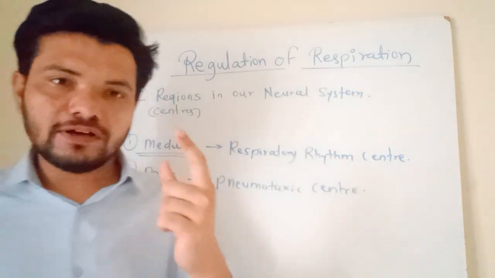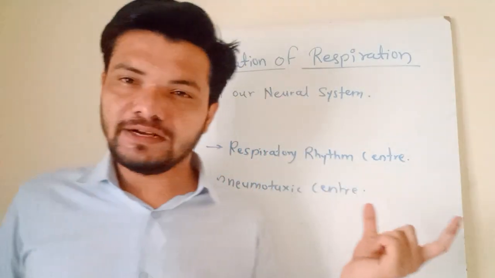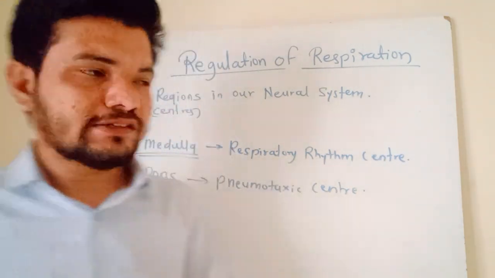Okay, so there is a chemosensitive area present adjacent to your respiratory rhythm center, which is chemosensitive to CO2 and H plus ions.